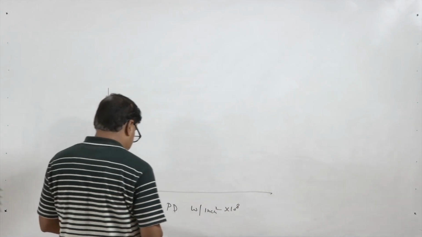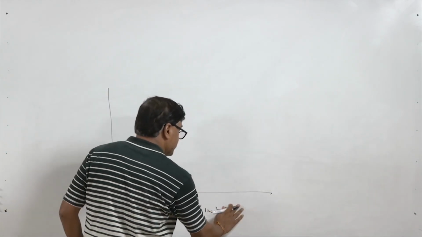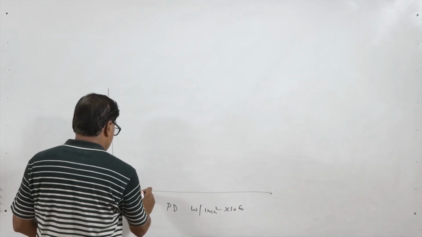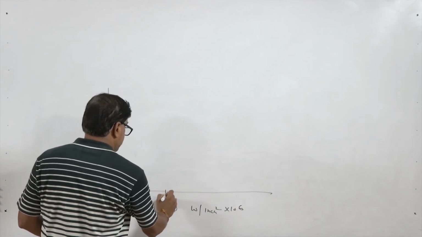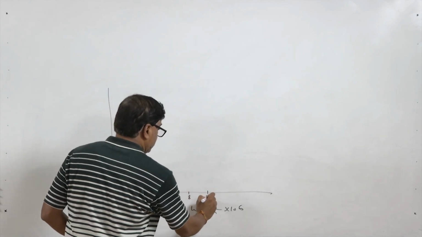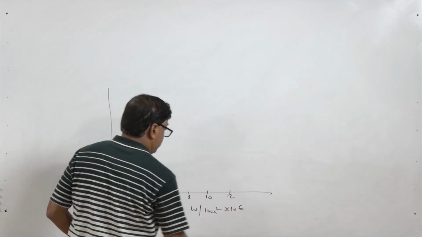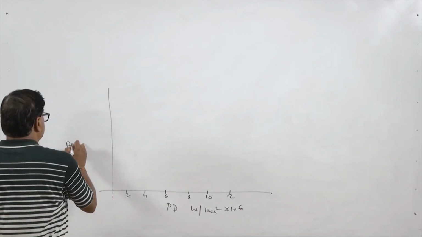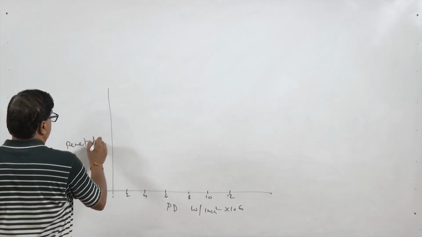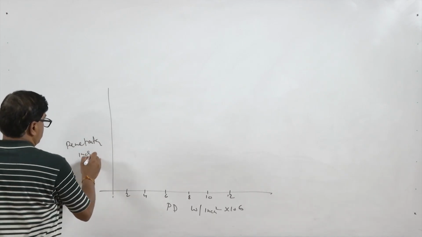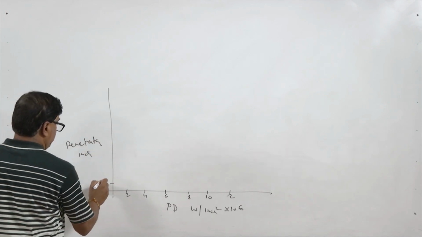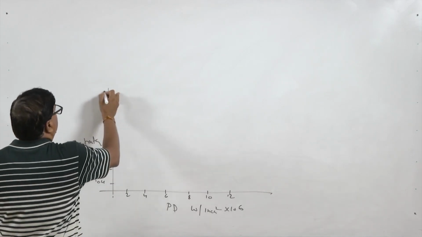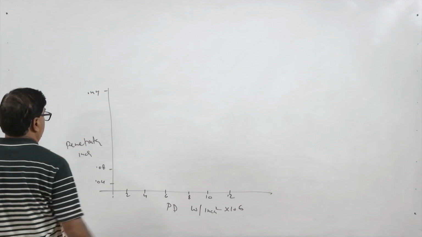Here we have 10 to the power 6, then 2, 4, 6, 8, 10, 12 like this, and on the other axis the penetration depth achieved in inches, like 0.04, 0.08 and like this up to 0.44.